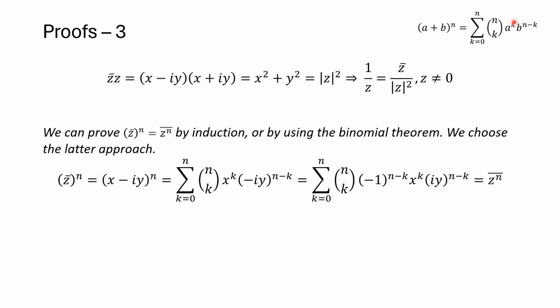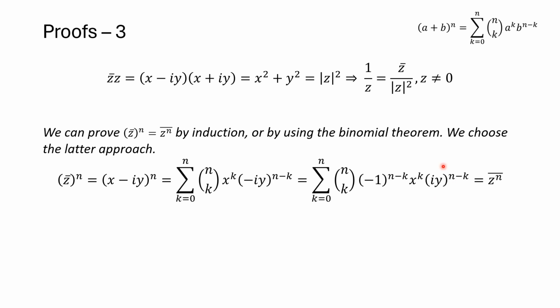We put in x for a in the binomial theorem and minus iy for b. We get this expression. Then we factor out a minus 1 to the n minus k. And we get this. And this turns out to equal the conjugate of z to the n.